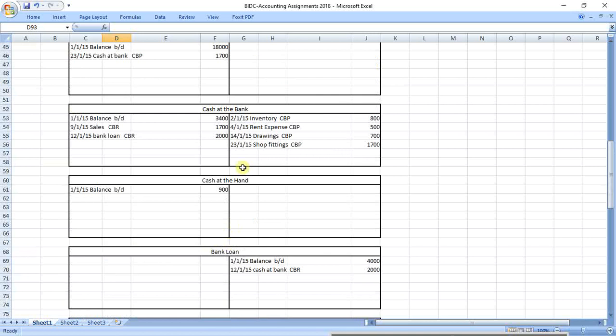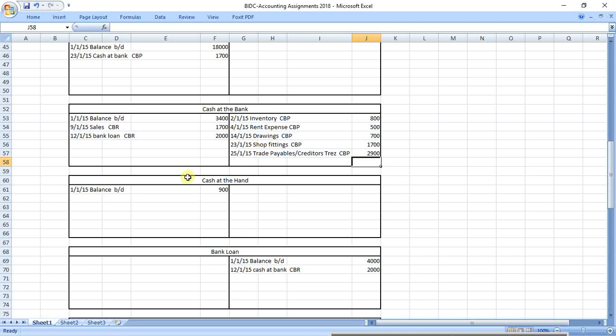It would be credited because it would decrease. 25. So trade payable, CBP, 2,900. Yes. Okay, that was the credit side, eh? Yeah. Good.